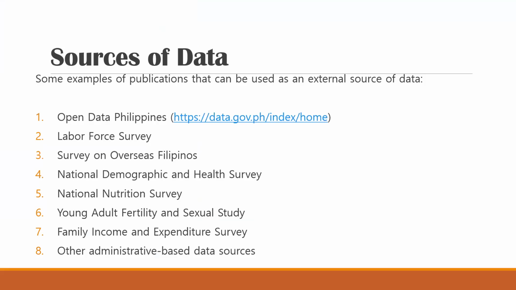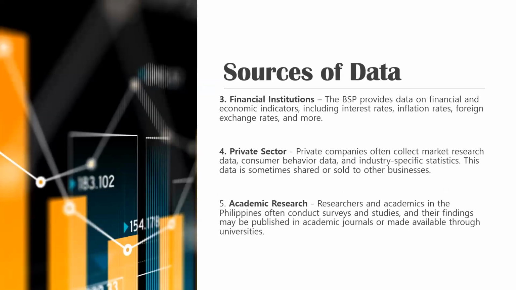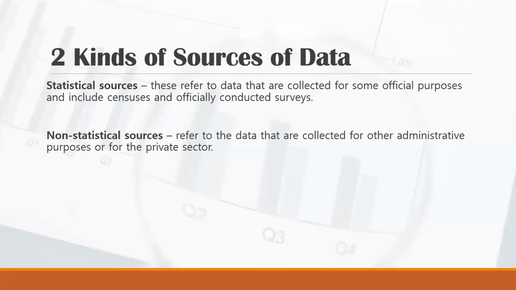And here are some websites where you can get data externally, websites in the Philippines. And you can pause the video if you want to read. And other sources are healthcare institutions, educational institutions, financial institutions, the private sector, academic research.